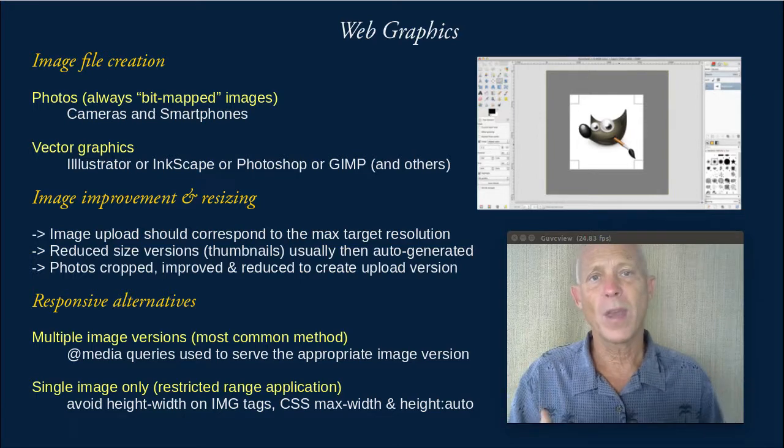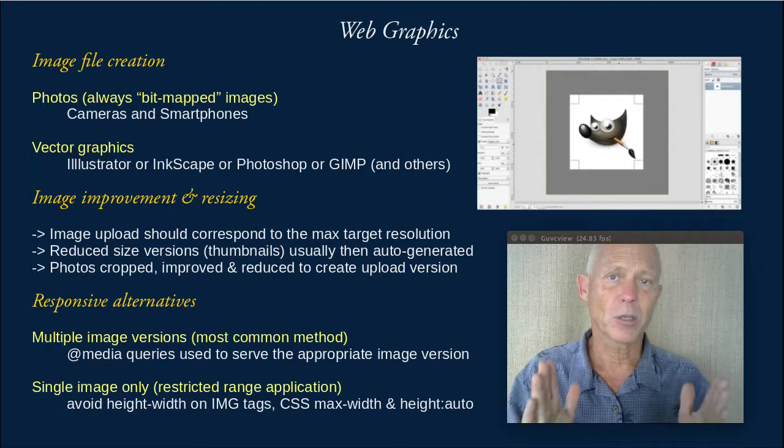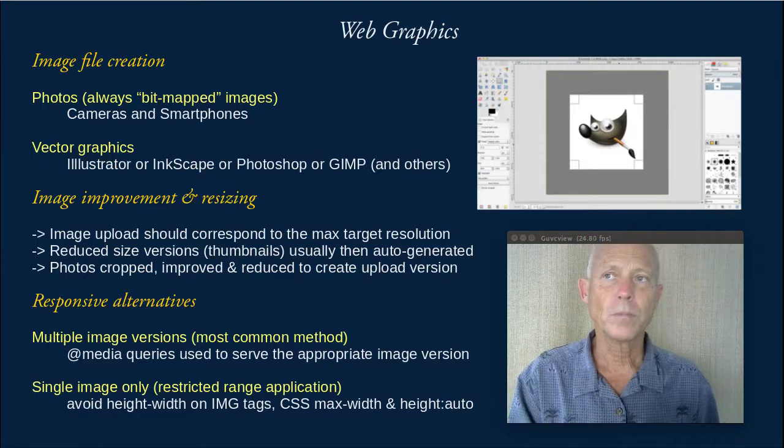So you improve the image, whether it's a photo or hand-drawn graphic or whatever, and then you export it at 800 pixels width in the aspect ratio that you want, height that you want.